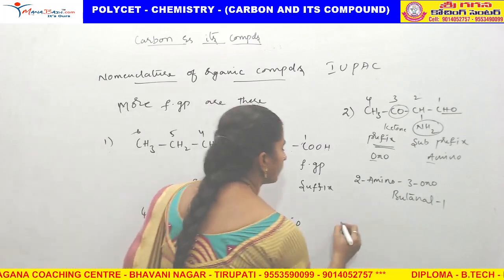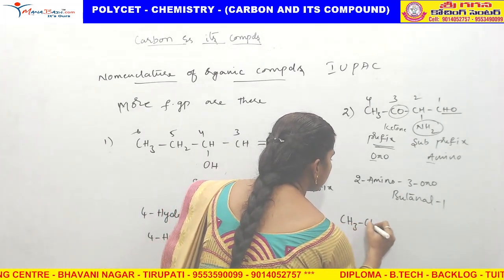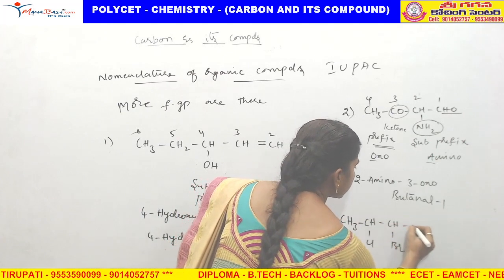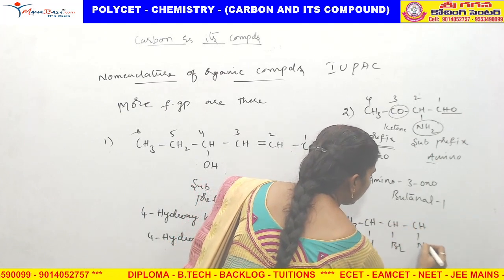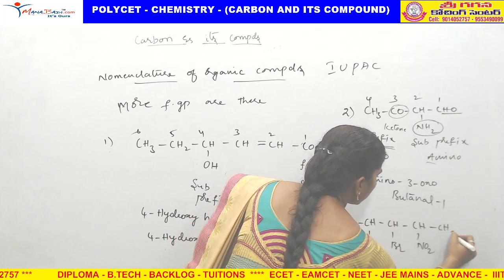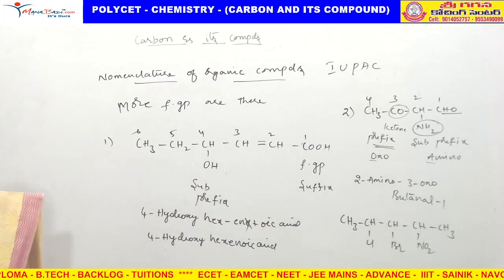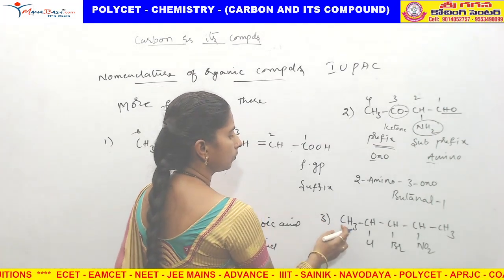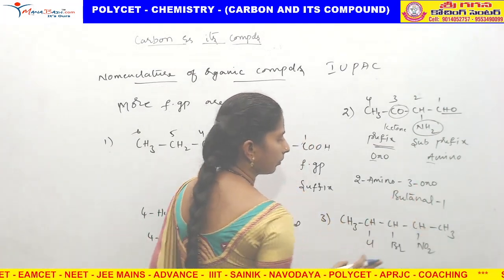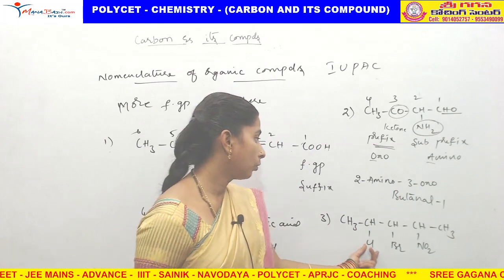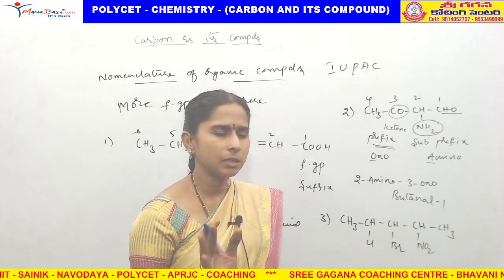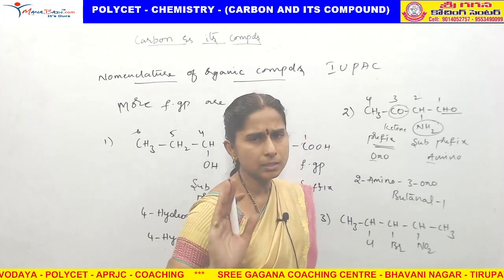And after that: CH3, CH, Cl, CH, Br, CH, NO2, CH3. Now tell me. In these, 1, 2, 3, 4, 5 carbons are there with chlorine, bromine, nitro. Nitro is least preferable.